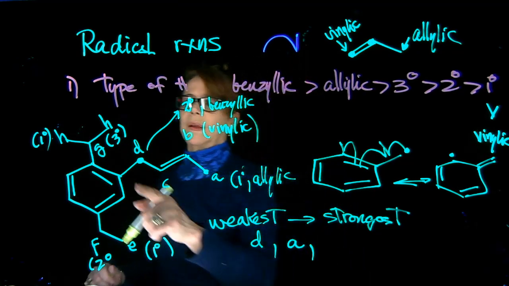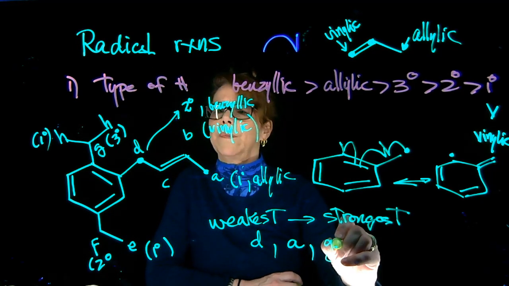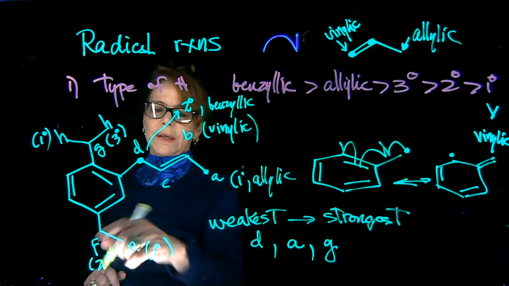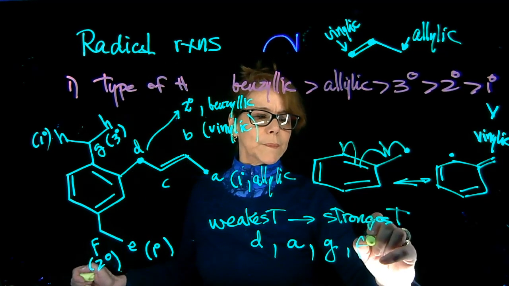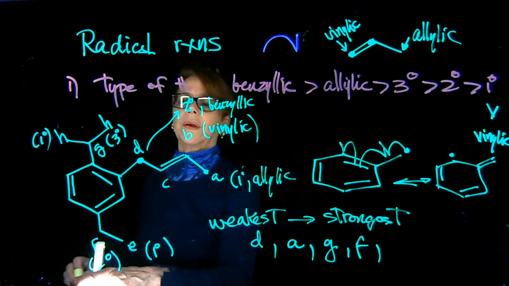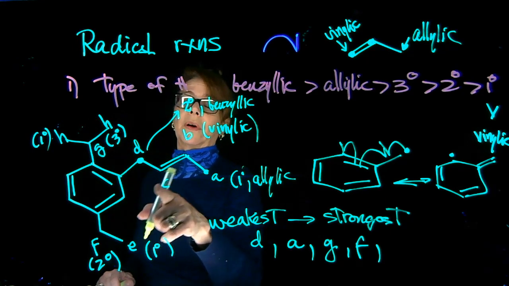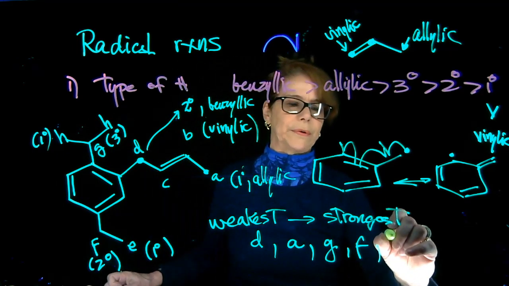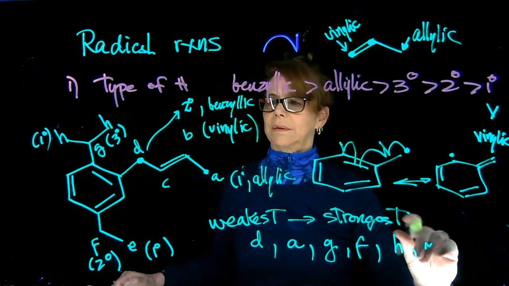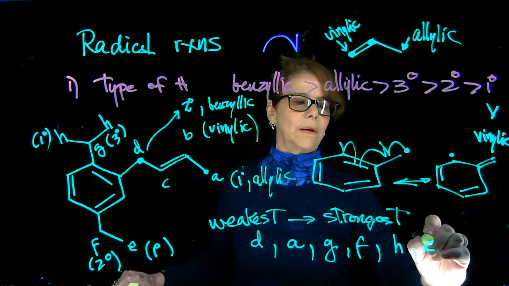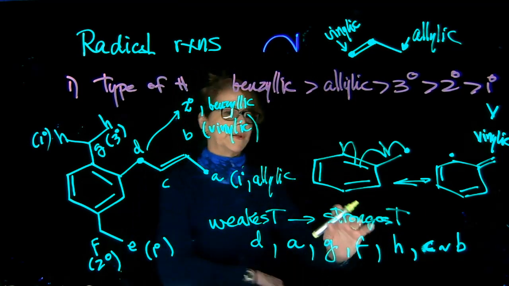Then what follows is tertiary, which I call G. And then we have a secondary position, which is F. And then what I have, primary, and the vinylic. So it's better the primary than the vinylic. So we're going to say H. And last, we're going to say about the same B and C. They're not identical hydrogens, but they will be about the same energy, and these are the worst because these are the vinylic.